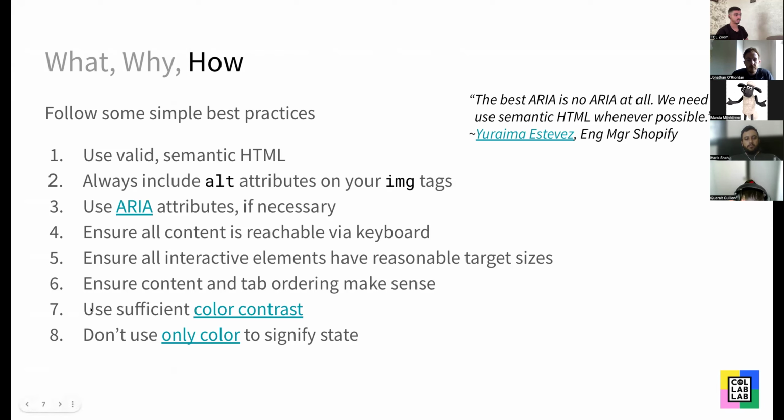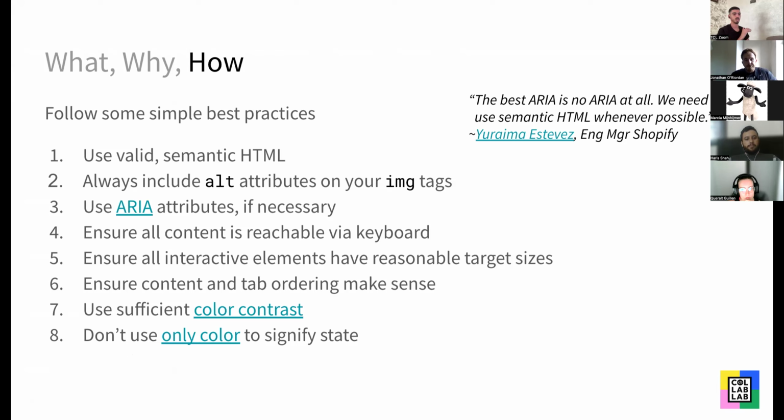And also use sufficient color contrast. The text color and the background color should be visible enough, because there are some people who are color blind, and you should take them into consideration too. And don't use only color to signify states. You will have one of your issues where you have to indicate if the item is purchased or not.